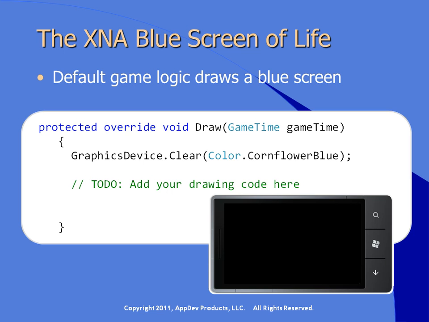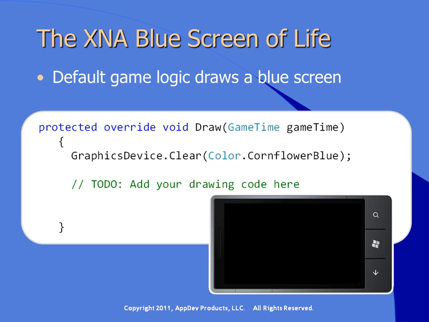Now, if you think about what that means, this is the draw method. And remember, the draw method gets called every time we go through the loop, which means every time we go through the loop, we're clearing the screen. That gets back to that immediate mode we were talking about, and how you're going to be responsible then for redrawing the screen after you've cleared it. But notice that line of code says graphicsdevice.clear, and then in the arguments for that is a color.cornflower_blue.